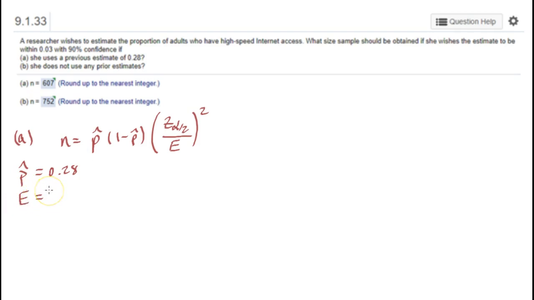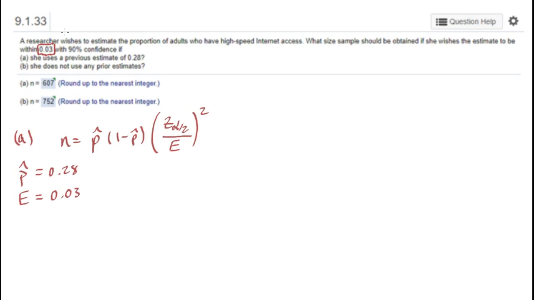That is the part that says within a certain amount, meaning the plus or minus of a confidence interval. So our margin of error is that 0.03 that's given right here. Within 0.03. Okay, so that's your margin of error, E.